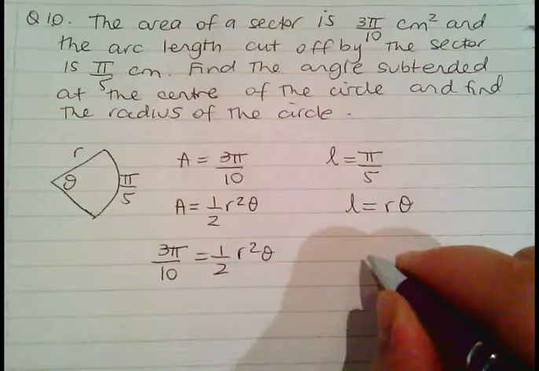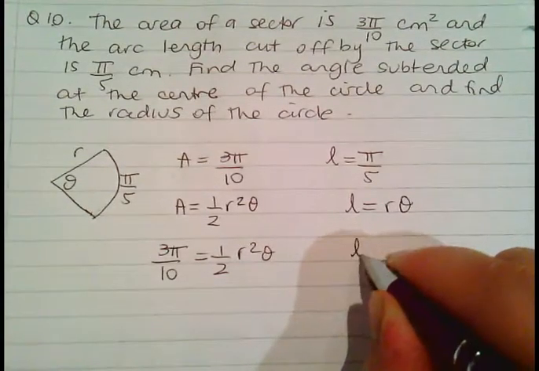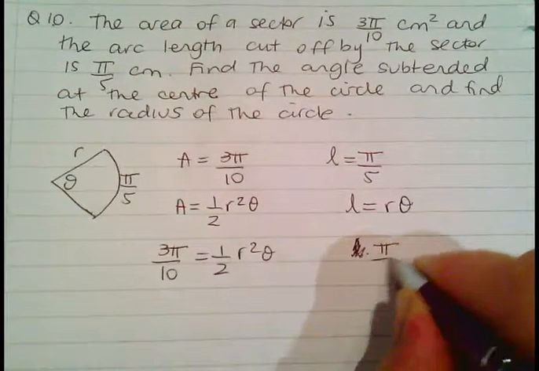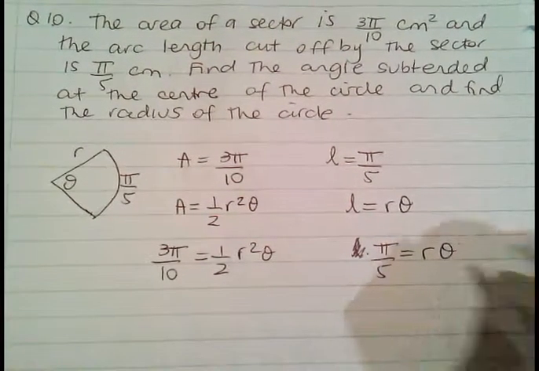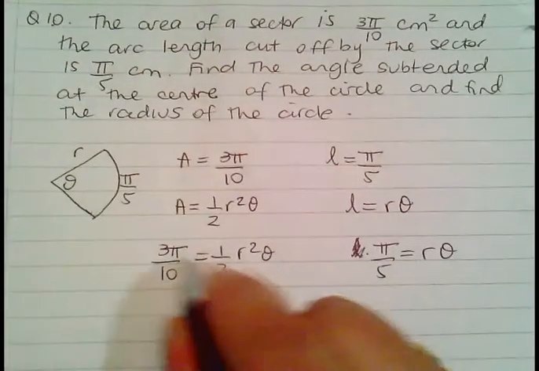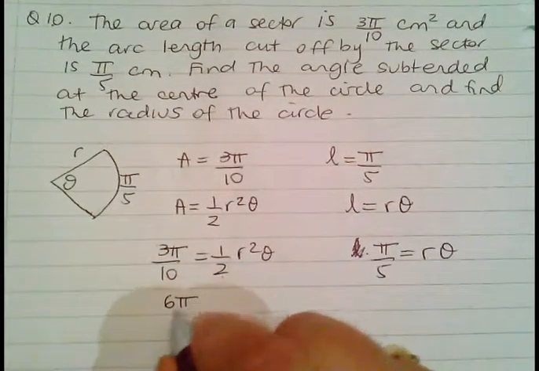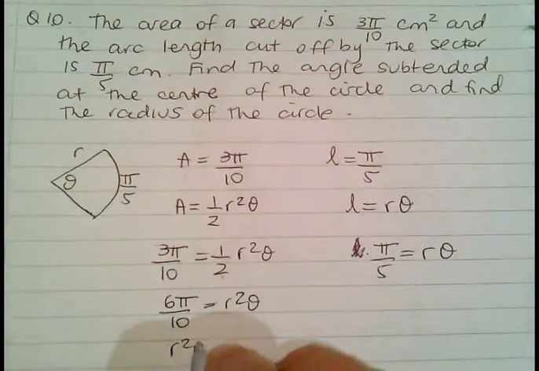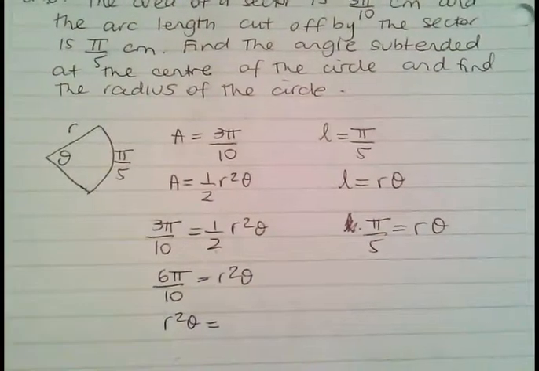And L, which is pi on 5, equals r times theta. I'm going to rearrange this, put that 2 up there, and I get 6 pi over 10 is r squared theta, or I've got that r squared theta is 3 pi on 5.